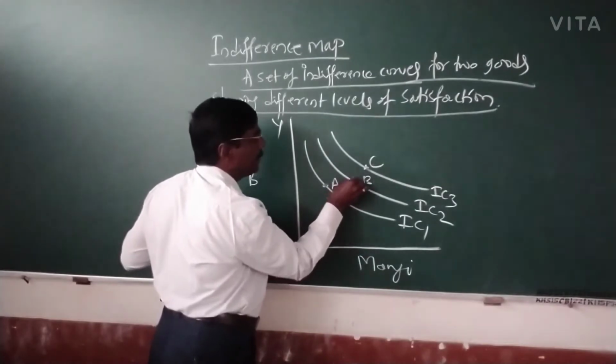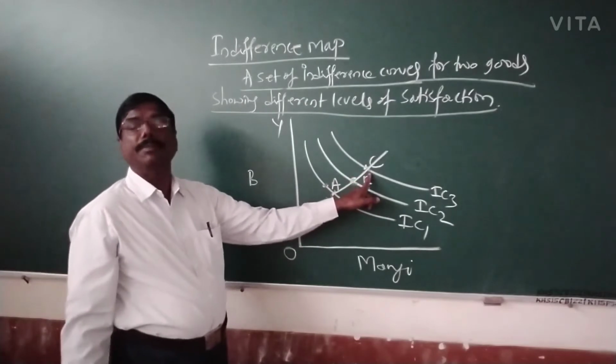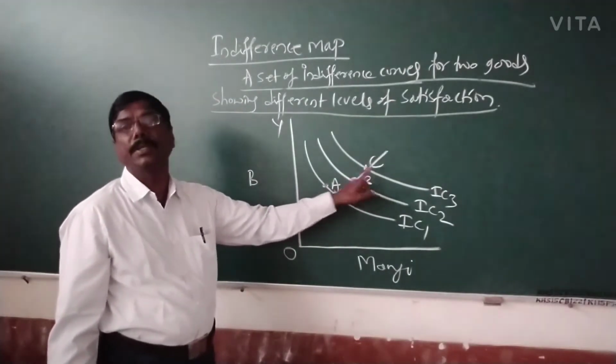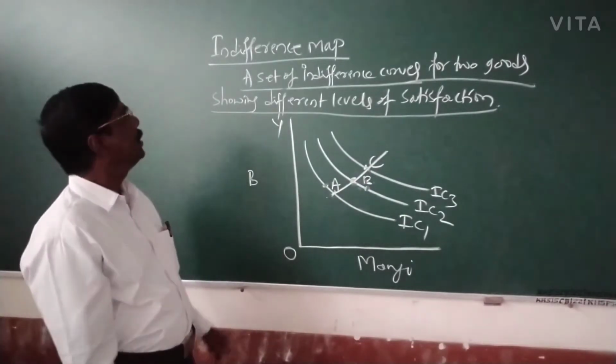A rational consumer chooses the C combination, because it gives the higher level of satisfaction.